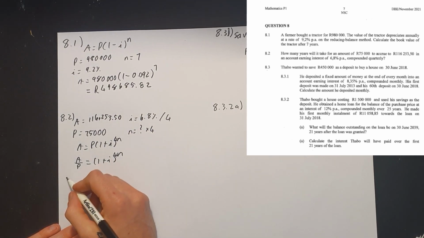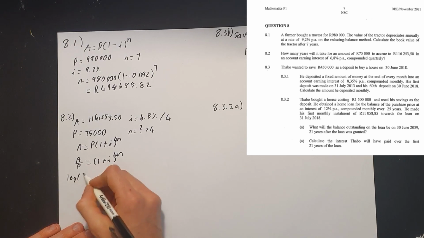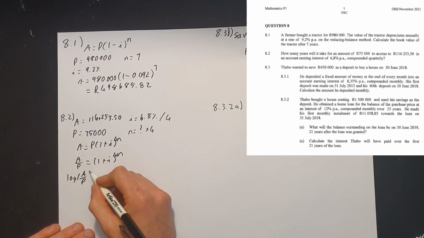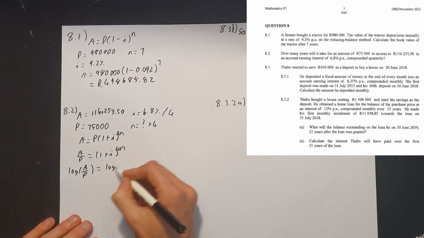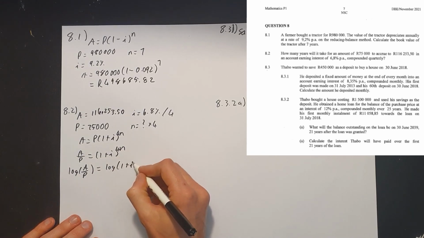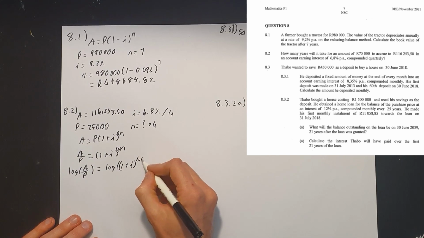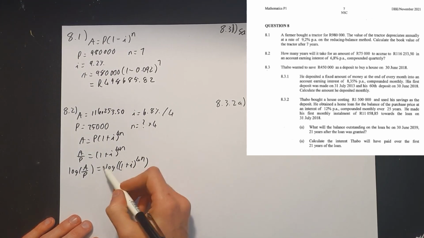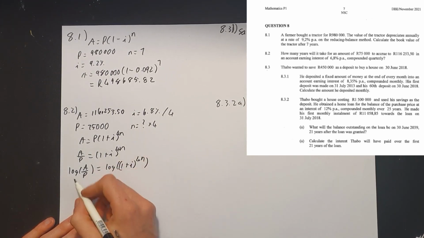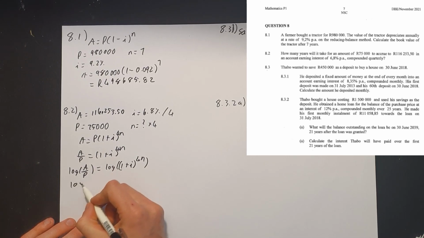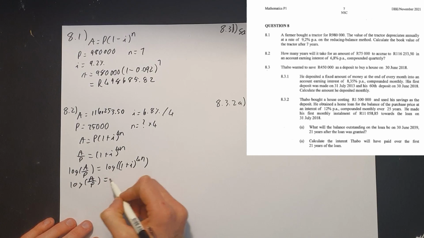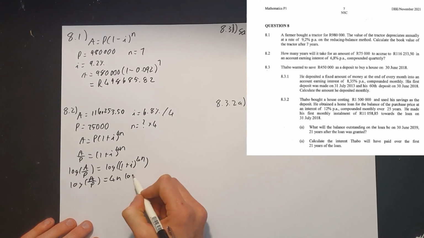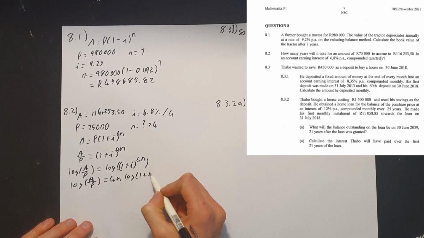Now if I take the log of this side, I must take the log of the other side. From log rules, this comes down to the front. So I'll be left with log of A over P equals 4N log of (1 plus I).